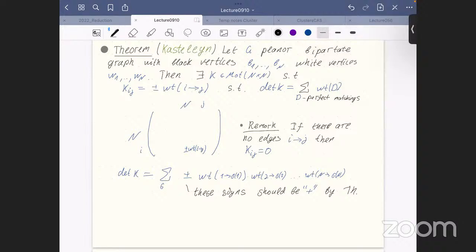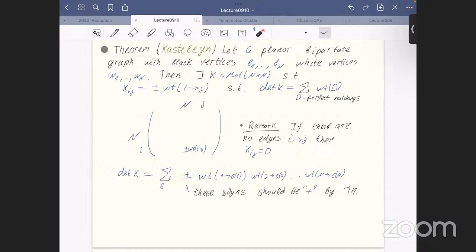What the proposition says is that we can find signs of weights such that there will be only pluses in this decomposition of the determinant, right? We can find these signs such that in the decomposition of the determinant there will be no signs here.